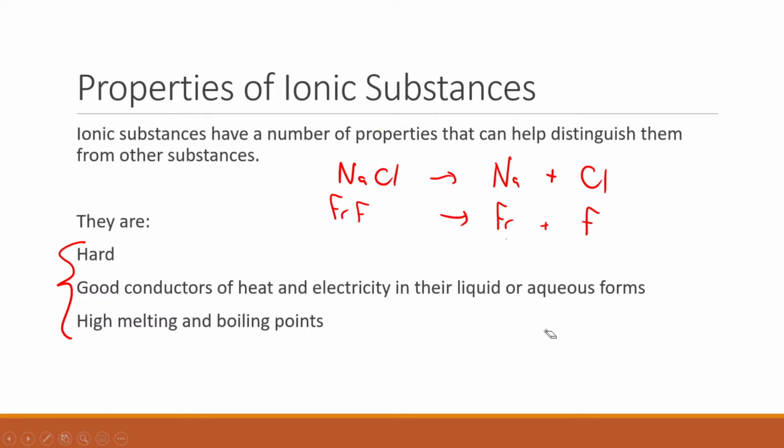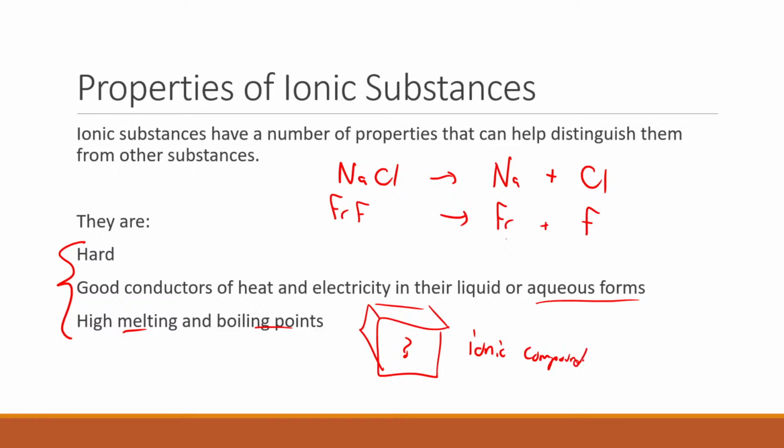And so knowing that you have found this mystery substance that has a high melting point, a high boiling point, and conducts electricity really well in its aqueous form is a pretty good indication that this thing is an ionic compound. Which ionic compound is a different question that can be answered with a different set of experiments.